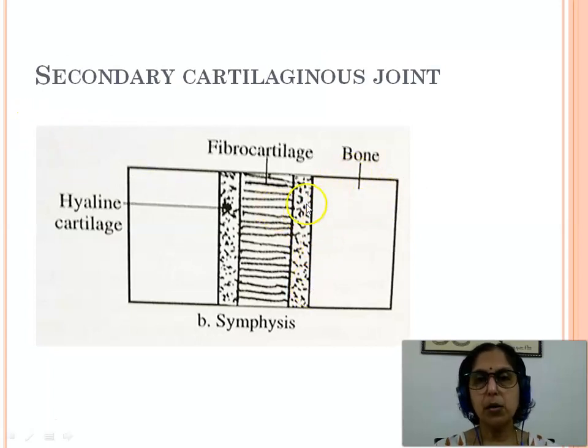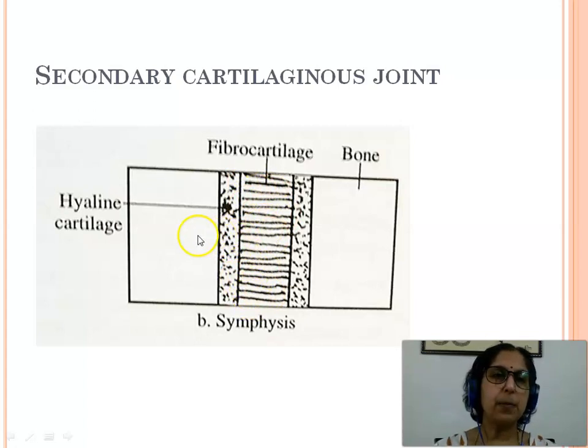Bone, its articular surface covered by hyaline cartilage, then the fibrocartilage which connects it to the opposite bone, whose articular surface in turn is covered by hyaline cartilage. So bone, hyaline cartilage, fibrocartilage, hyaline cartilage and bone.